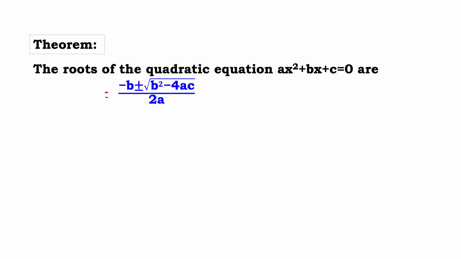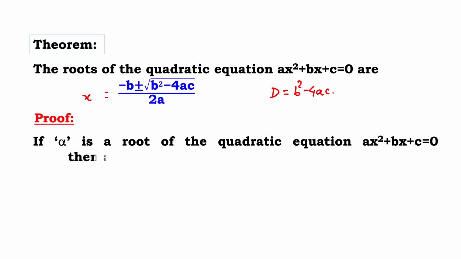This b square minus 4ac is known as d, the discriminant, right? Then the value of x will be minus b plus minus root d by 2a. Sridharacharya has given this formula in 326 BC. Let's see the proof of this, how to get this value as roots.